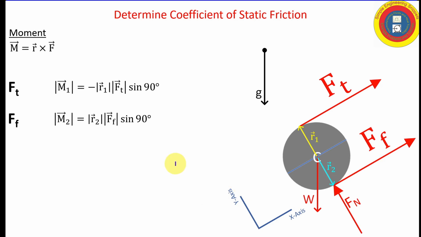You'll notice that for moment 1, I have a minus sign, and for moment 2, it's a positive sign. How did I determine that? Well, it's the right-hand rule of thumb, where I put the base of my palm at the point where I'm taking the moment, in this situation point C, at the center of the ball, and then I curl my fingers in the direction of the force.